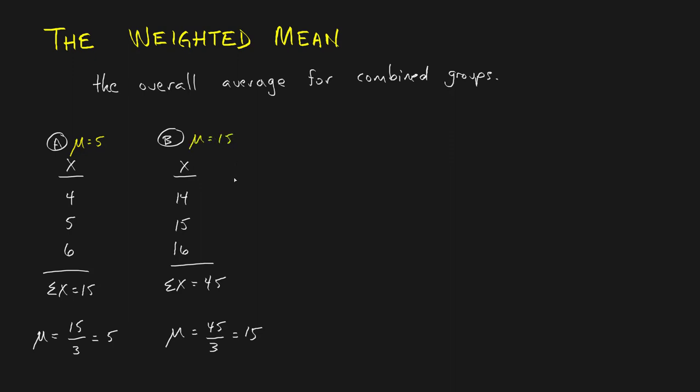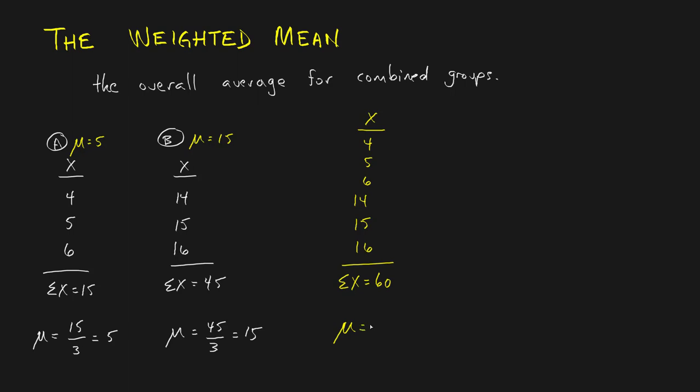What if we then pooled all of these kids together? Well, there are 2 ways of doing that. I'm going to start by doing it the long way. Let's actually pool all of the kids together: 4, 5, 6, 14, 15, and 16. And then we find the total there. If you add these up, this column of all of the kids' ages will add up to 60.